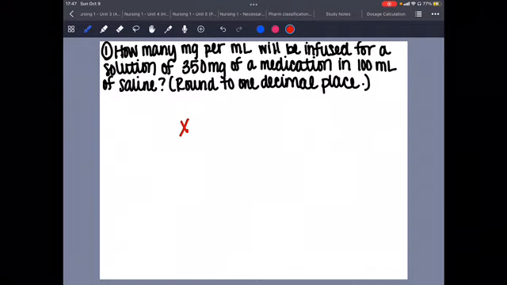I'm going to just do X up top just because it's a little easier on the eyes for me. You write down the milligram, whatever the case may be. So we got the X, and then, no, I take that back.